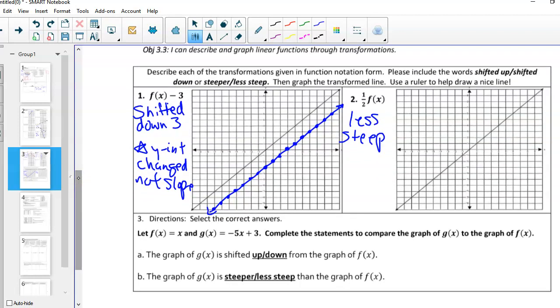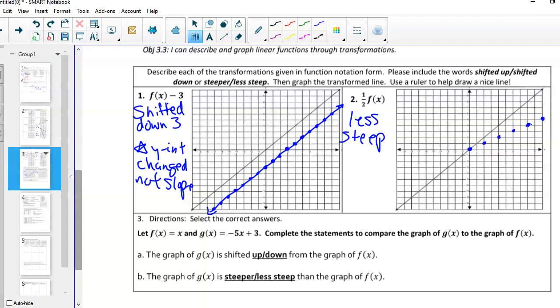To find your new graph, your original slope was 1, and now you're going to multiply it by 1/2. So your y-intercept is not changing, but now you're going to go up 1, right 2, instead of up 1, right 1.